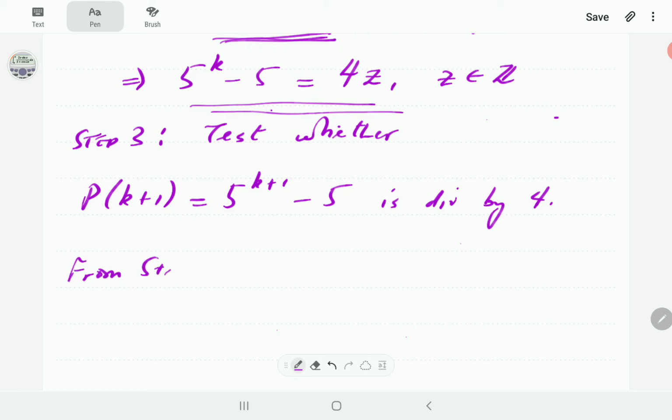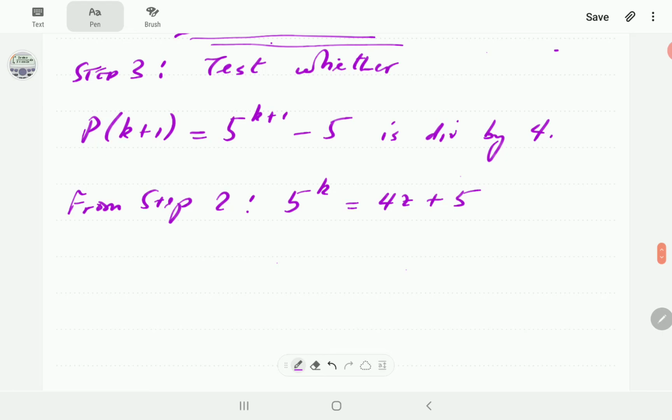Okay, so we're going to say here from step 2. So what we can do is we can make 5 to the power k the subject of the formula there. So 5 to the power k is going to be 4z plus 5, and then we can substitute this into that P of k plus 1.